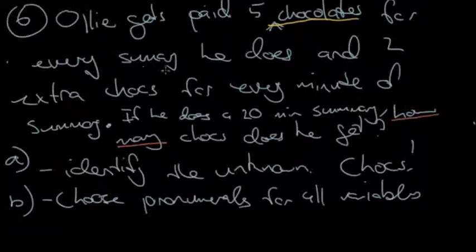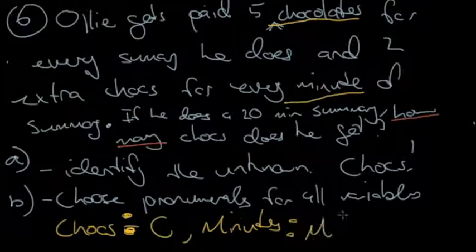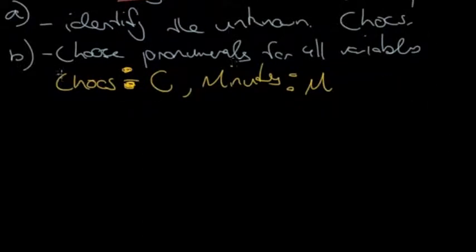So summaries could be a variable. And 2 extra chocks for every minute of summary. But we notice that in this case, there's always one summary, but the way we're counting the summary is in minutes. So chocks is one variable, and we'll call that C. And then the other variable is minutes, which we can call M. So we identified the unknown, which was chocks. Now we've chosen pronumerals for the variables.